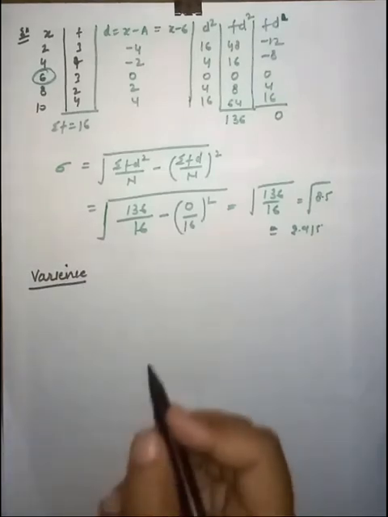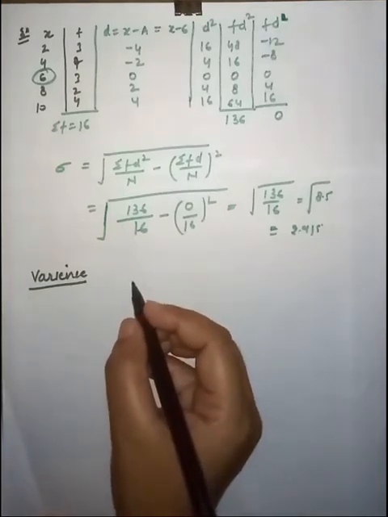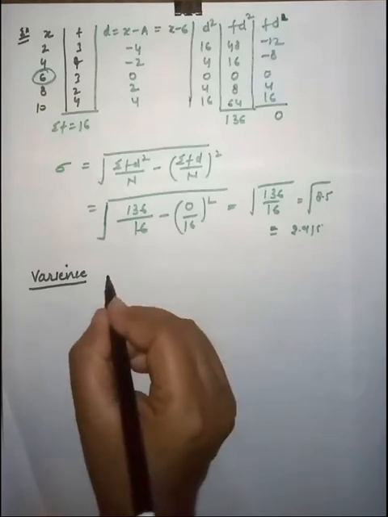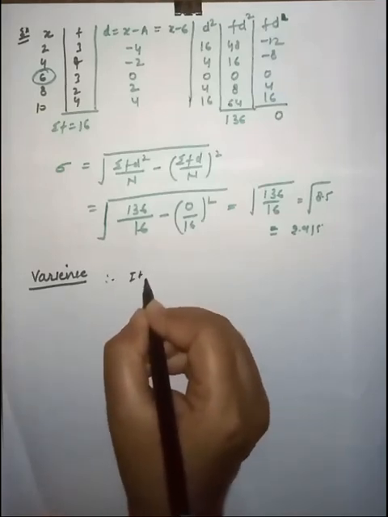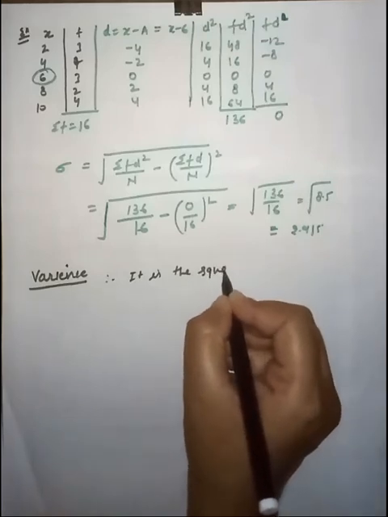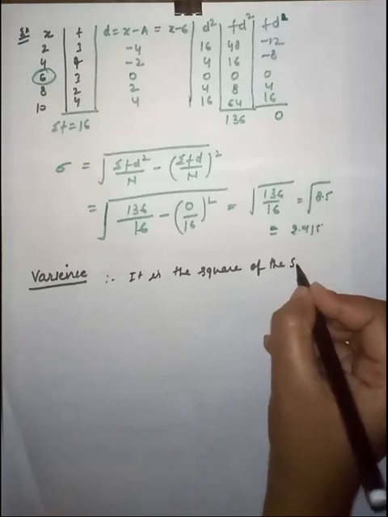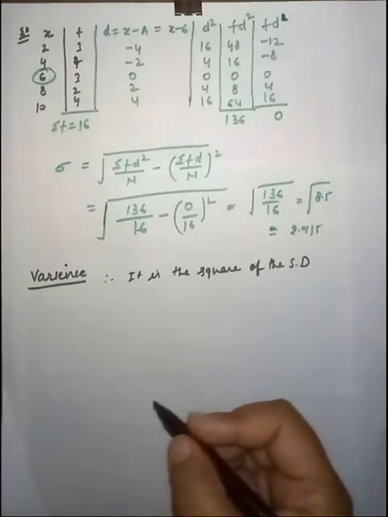Friends, variance is the square of the standard deviation. It is nothing else; it is the square of the standard deviation, right?